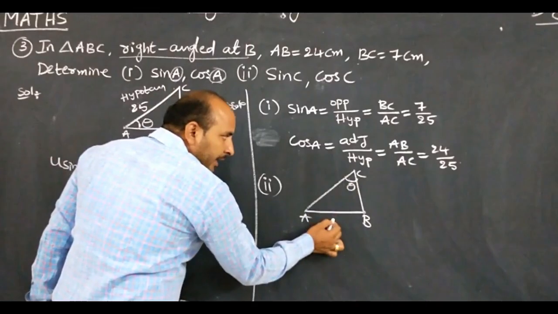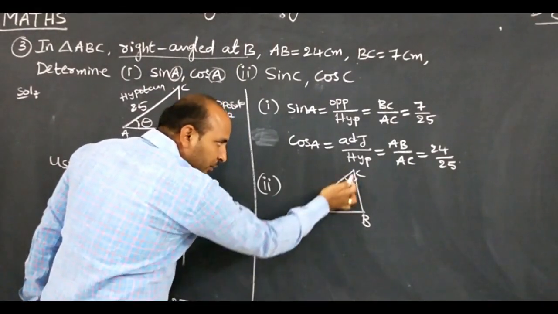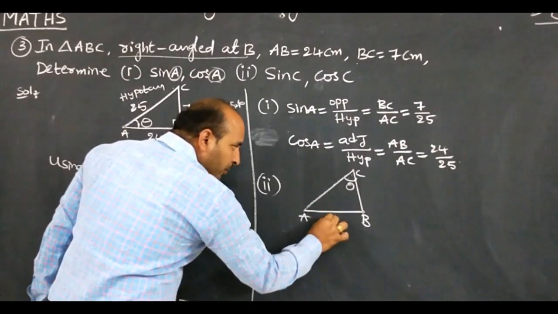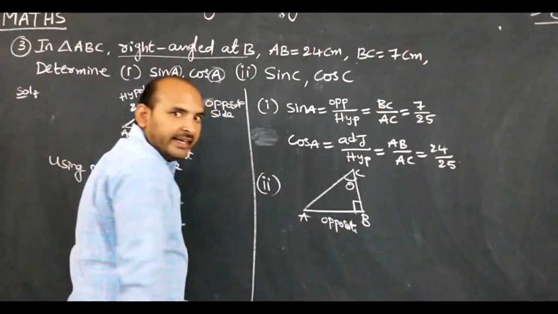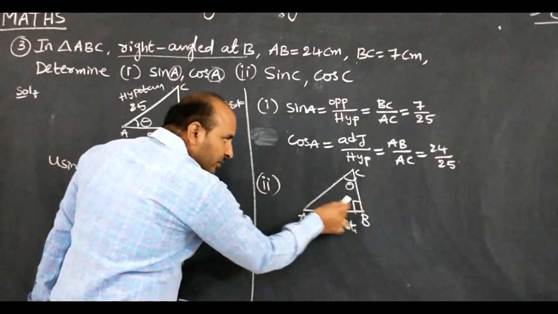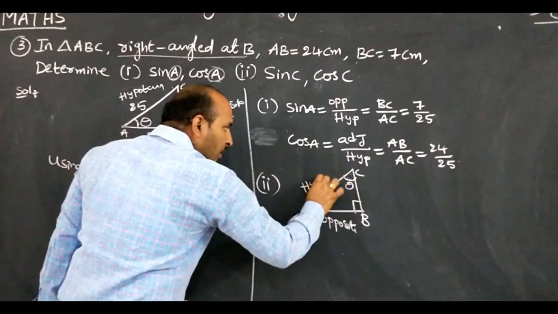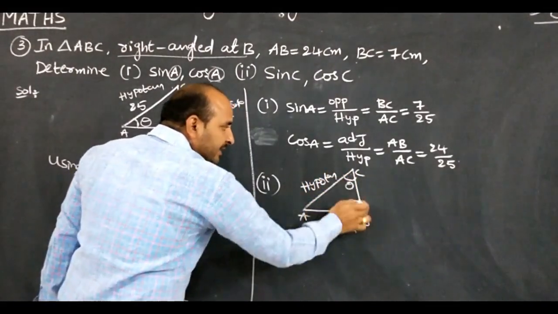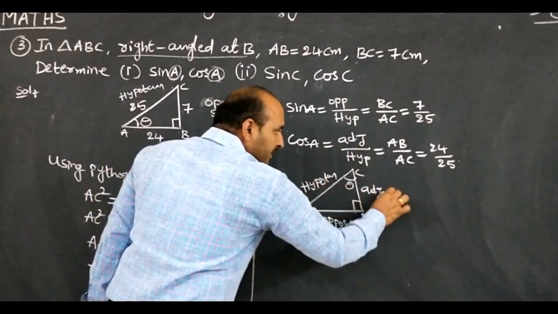This side, AB, is exactly opposite to the angle, so this is the opposite side. The side exactly opposite to 90 degrees is the hypotenuse. And BC is the adjacent side.